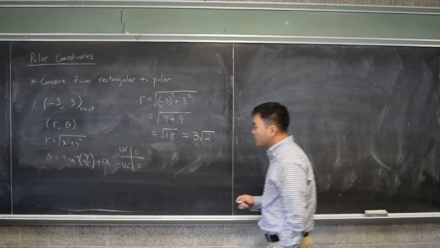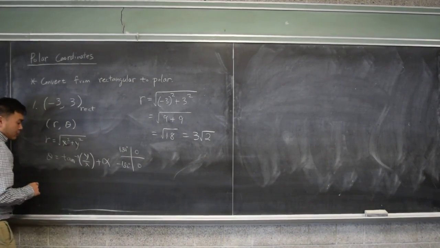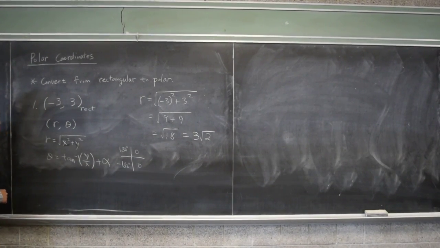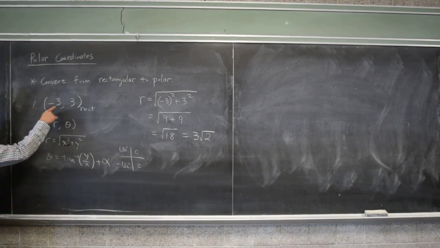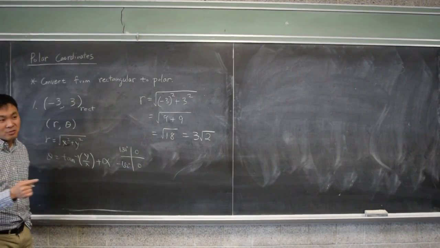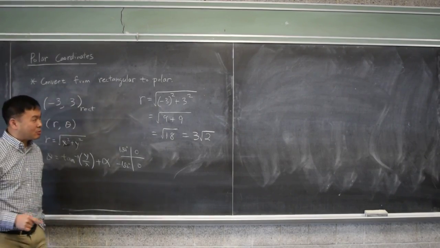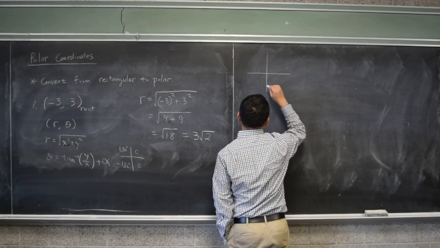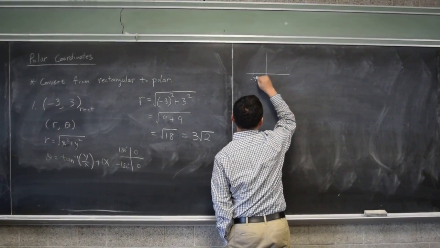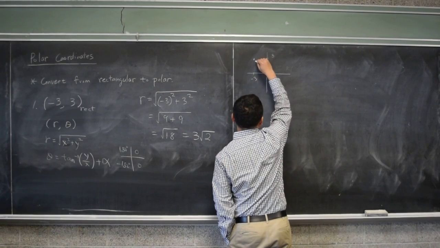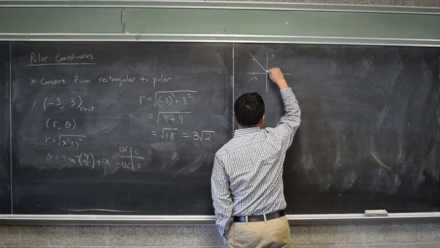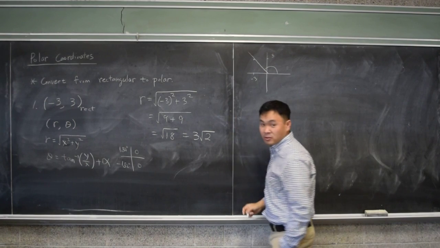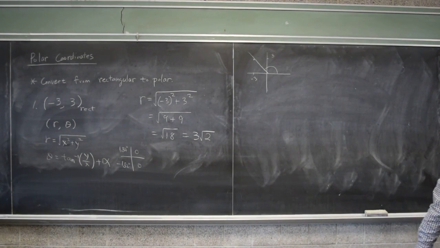And then for the angles, of course we have this formula we can use, but sometimes it's better to just draw the thing, especially if the sizes are the same, then you know that this has to do with 45 degrees, right? So it's actually easier just to draw it, -3 and 3. It's right here, right? So what's the angle from the positive x axis? 135 degrees.